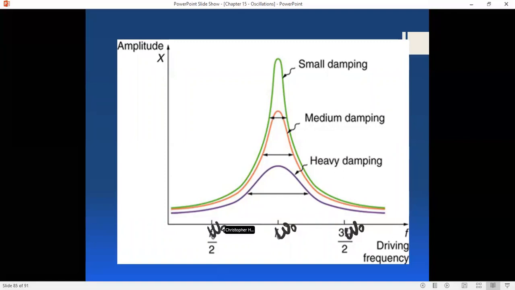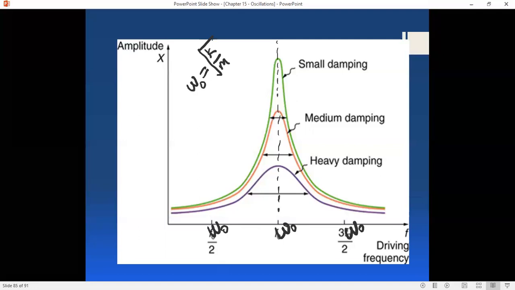What we see is that this driving oscillating force is going to have the biggest effect, not surprisingly, when we use it to drive the harmonic oscillator at its natural oscillating frequency. Again, omega is equal to the square root of k over m. That's where it really likes to oscillate.